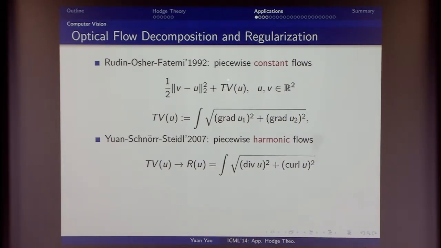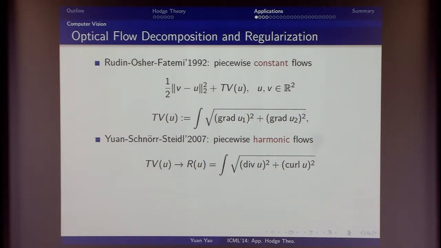They study piecewise constant flow approximation, given an image on a plane, for example a two-dimensional plane. The piecewise constant flow is basically represented by the total variation regularization term. This is basically an L1 norm if you take this as a complex number in the plane.